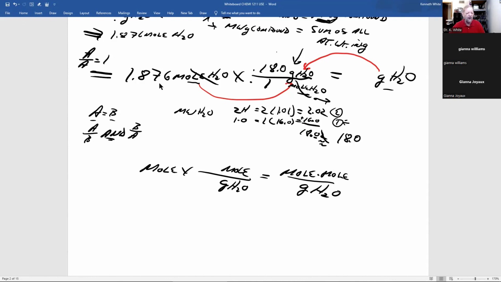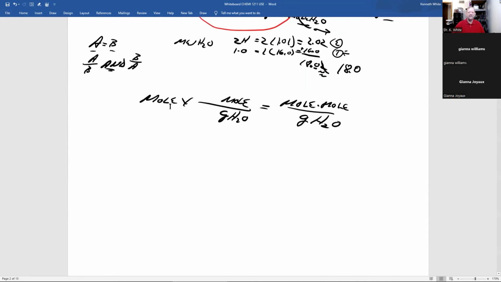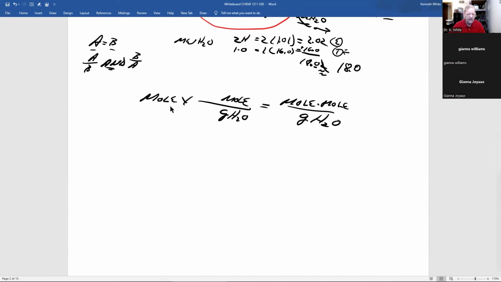If we look at the right way of doing it, and this the units, you have moles of water times grams of water divided by moles of water.